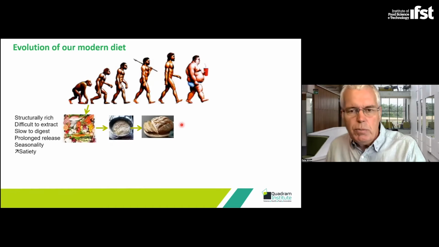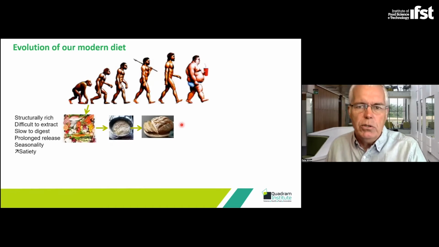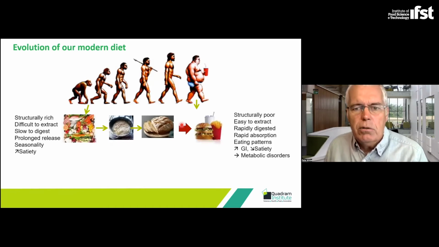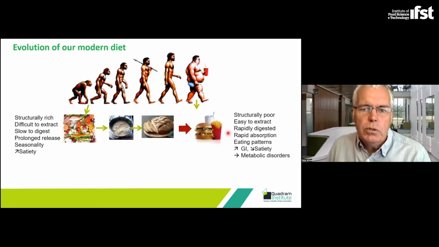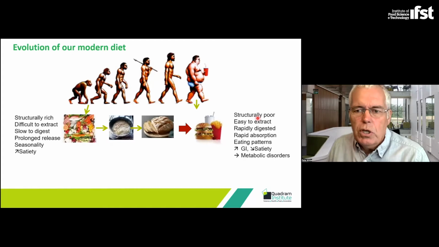Well, most people think that this has gone a little bit too far, and that our overconsumption of heavily processed foods is a problem. These foods are structurally poor. They've been broken down, extracted, reformulated, and put back together again. The nutrients are easy to extract and digest, and the nutrients and energy are absorbed rapidly.